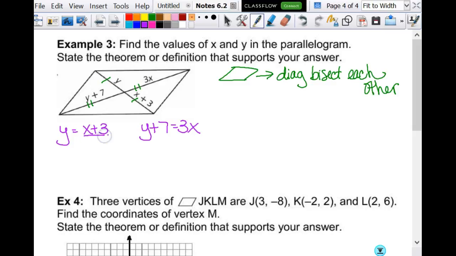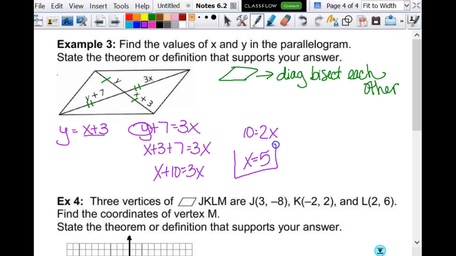So I can just take this and plug it in for y. I'm going to get x plus 3 plus 7 equals 3x. So x plus 10 equals 3x. 10 equals 2x. X equals 5. So then I also need y, so I've got to plug this back in here. So this gives me 5 plus 3, which means y equals 8.